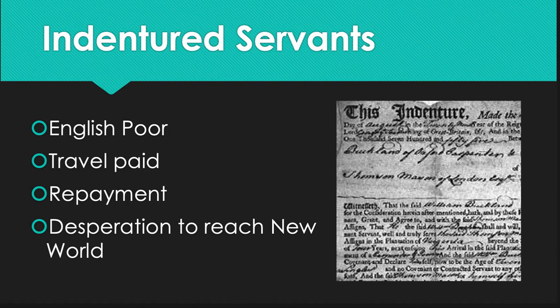The difference here being is we had people from England that could not afford their fare to come over to the colonies. They were English poor. So what they would do is make an agreement with a wealthier settler to go over to the colonies and have their trip paid for, and their repayment would come from working, doing whatever over in the colonies to pay back their travel pay.